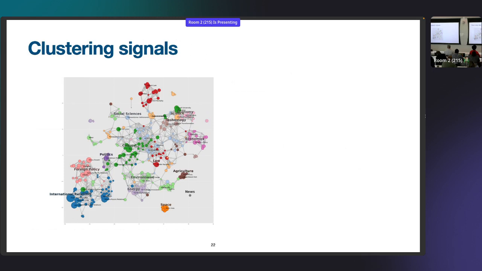Each signal belongs to a given cluster, and the clusters themselves, which we can find here as the circles, are again clustered and displayed closer to other clusters that are related in meaning.